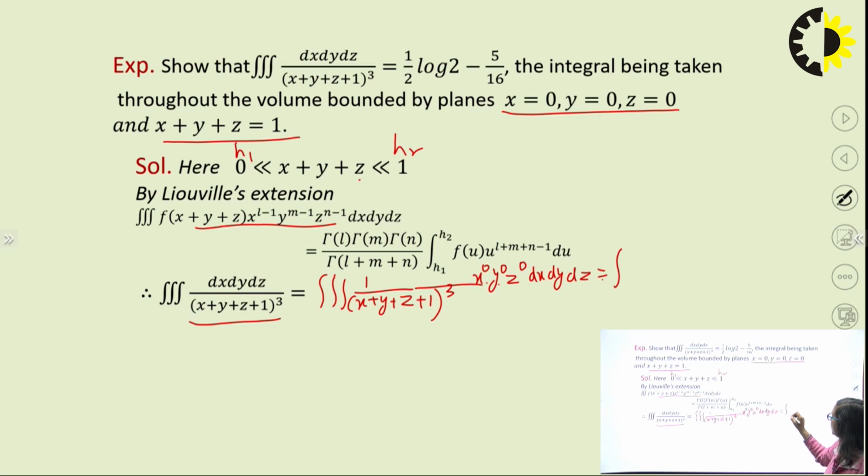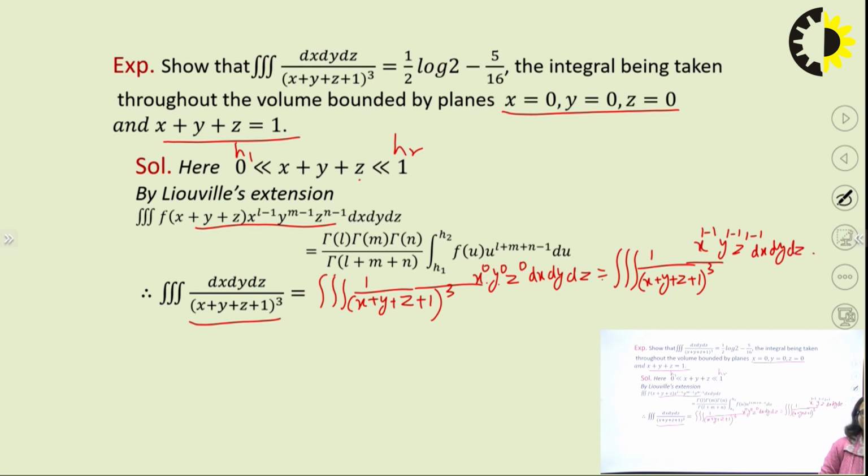This we have already done in many questions. The 0 is written as 1 minus 1 for x, y to the power 1 minus 1, z to the power 1 minus 1, dx, dy, dz.